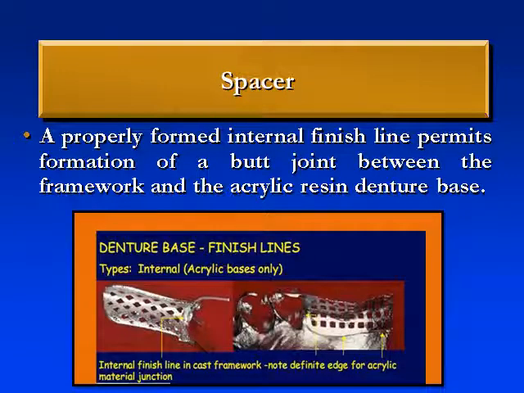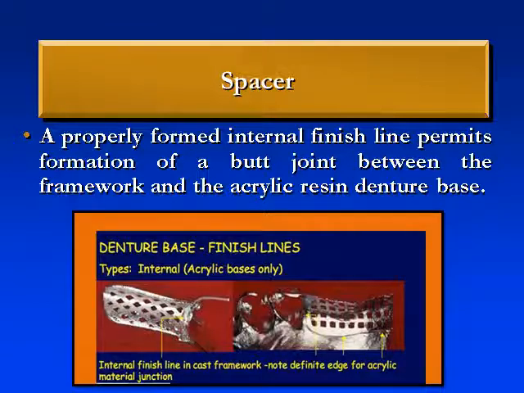The properly formed internal finish line: what we mean by internal finish line is the line that will form a butt joint between the metal framework and the acrylic resin denture base.